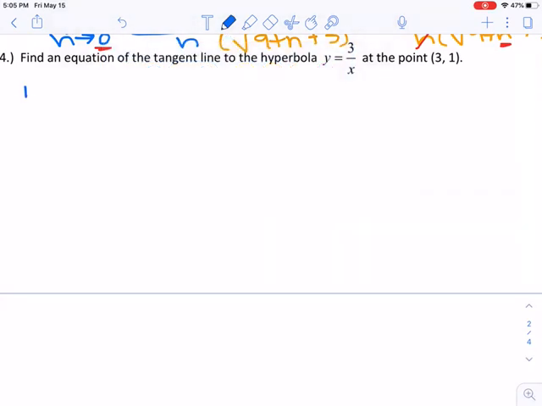If I find the slope of my tangent at the point 3, 1, I want to find the limit as x approaches 3 of f of x minus f of 3 all over x minus 3.